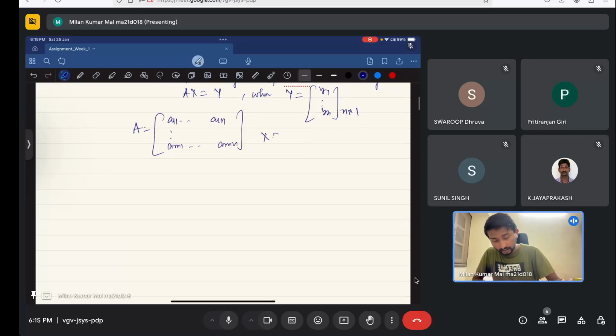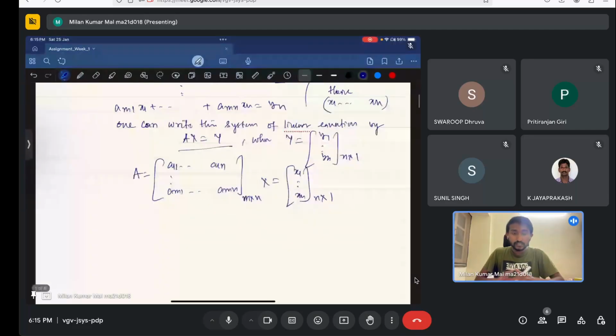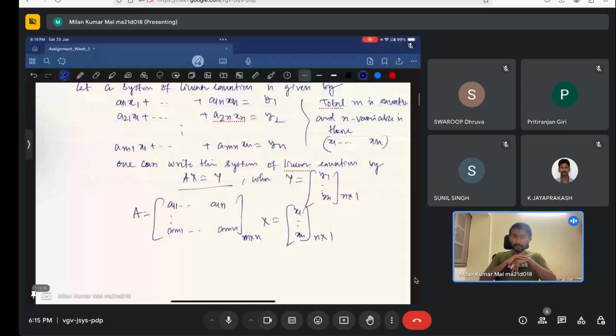X is the variable column, that is x1, x2, ..., xn. Now consider A as an m by n matrix and X as an n by 1 matrix. If you do the usual matrix multiplication, you will get this. So a system of linear equations can be written in this form.